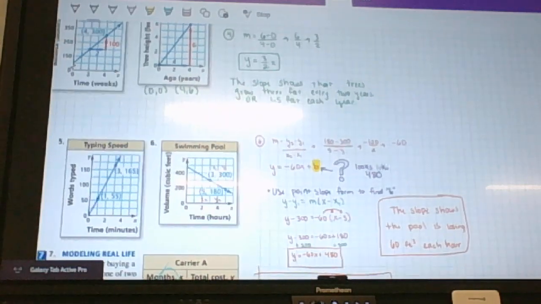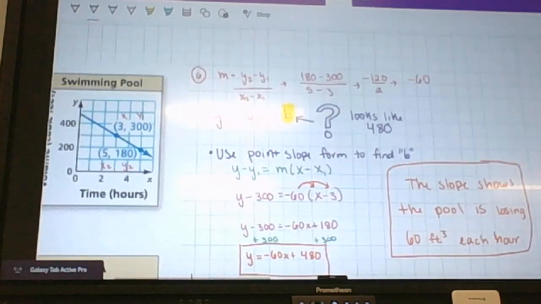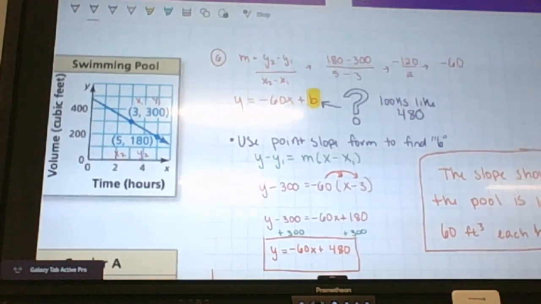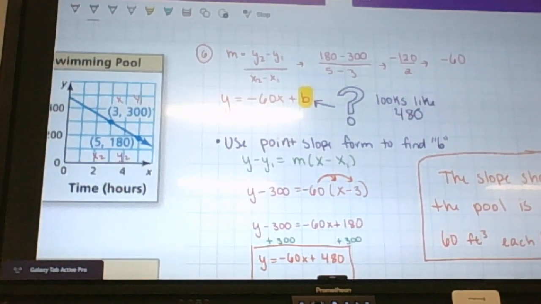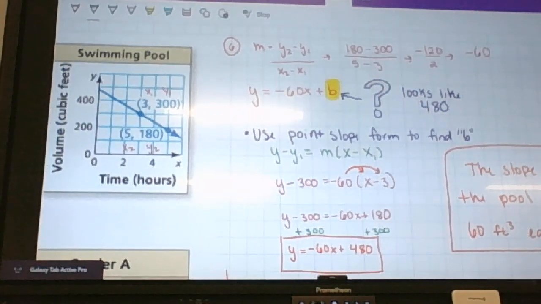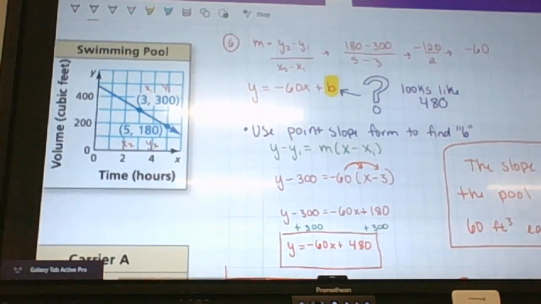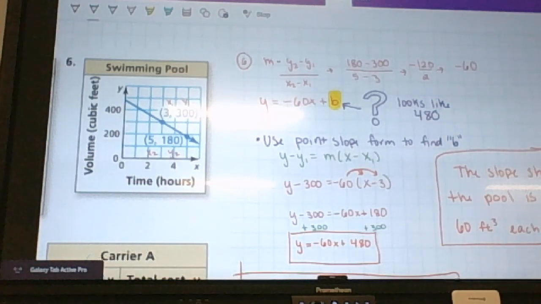Here's number 6 about the swimming pool. Now this one was more difficult, so I should see people working on this one. This one didn't tell you the y-intercept, which I believe was already brought up in here. So I had to do the slope formula, and I got -60.